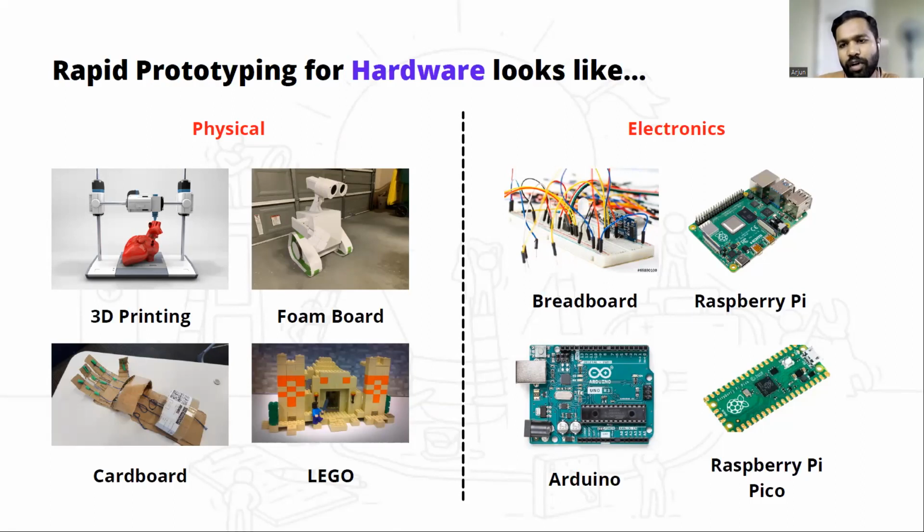You just get a Raspberry Pi board or Arduino board, and you plug your sensors into it, plug your output devices like motors or whatever you have, and then you use a 3D printer to build a good enclosure, and you put all your electronics into the enclosure, and that's it. It's now a fully functional product.